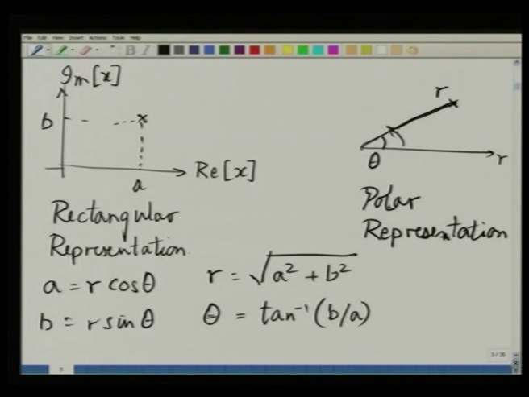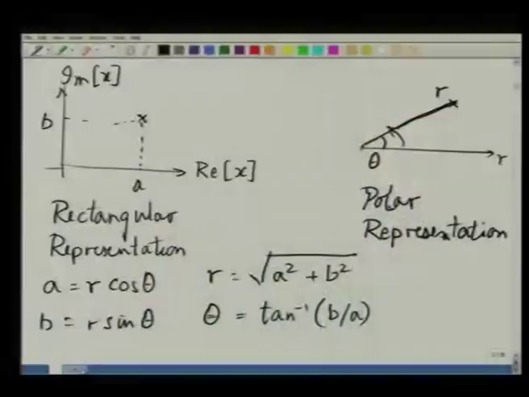So, you could use either the polar coordinate system, the polar representation, or the rectangular representation to represent complex numbers, to address a particular complex number. And there are times when using one is more advantageous than using the other. This is the point we will just be coming to now.